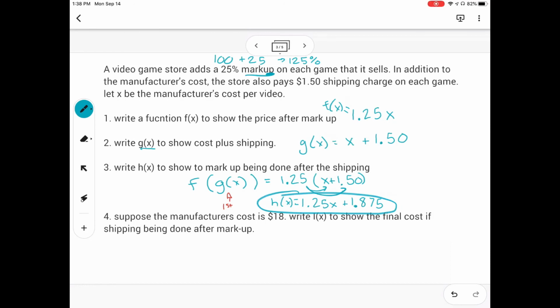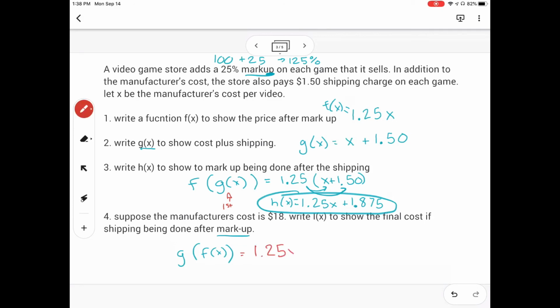And number 4, suppose the manufacturer's cost is $18. Write i of x to show the final cost if shipping is done after markup. So markup is first. The markup is f of x, and g will go outside of that. The first thing goes in the middle. So f into g. So we're putting the 1.25x into here.